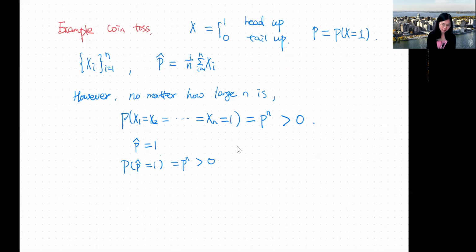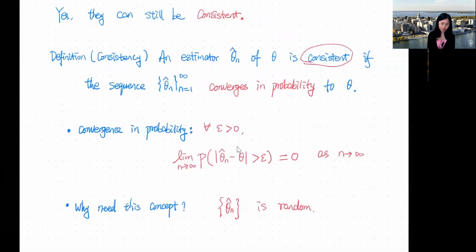And the concept of convergence in probability does exactly that.